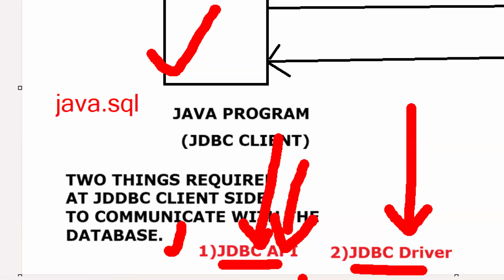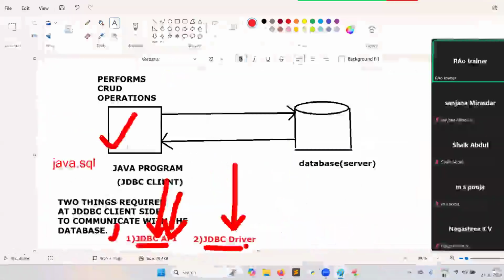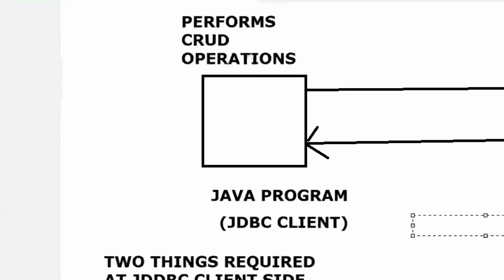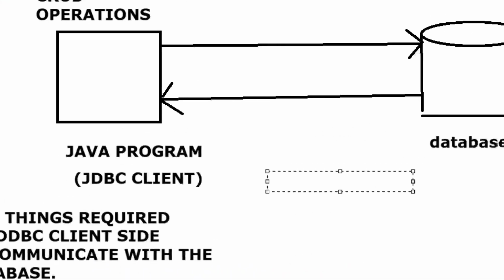What is the other thing required in the Java program side? Okay. So yesterday I was talking about two things required. One is a library. Using those library methods, Java program communicates with the database.